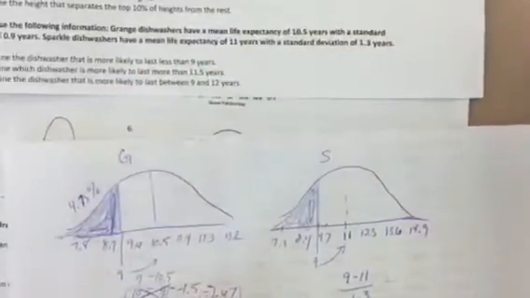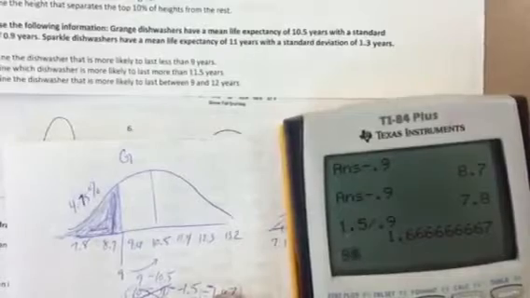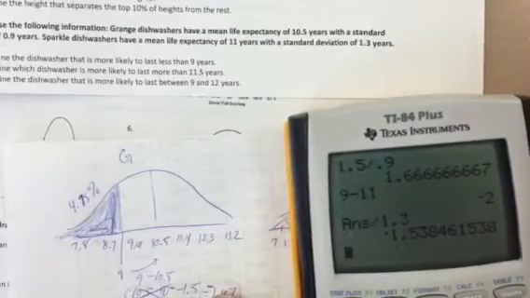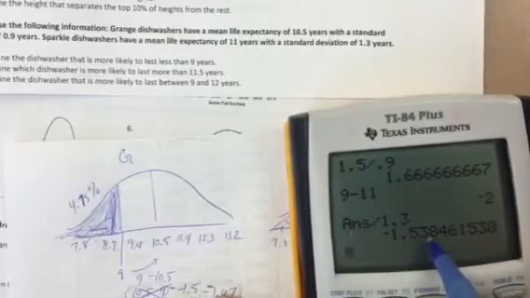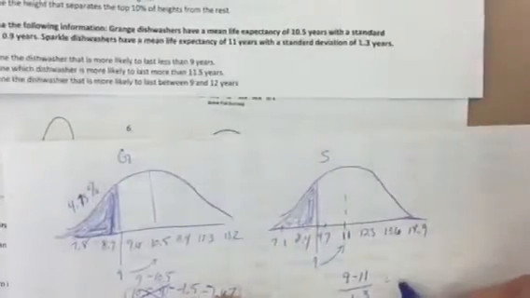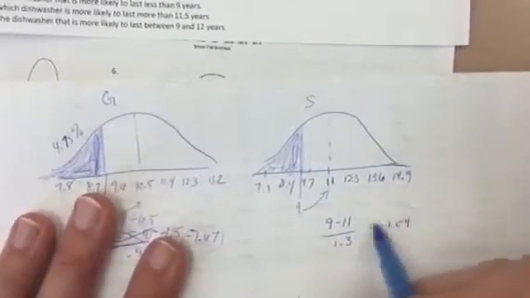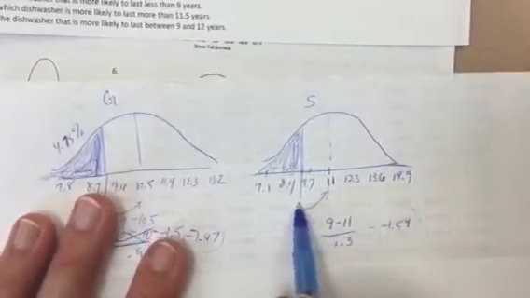So 9 minus 11 divided by 1.3, rounding to the nearest hundredth, is negative 1.54, right? So that's my z-score. That's how many standard deviations 9 is away.